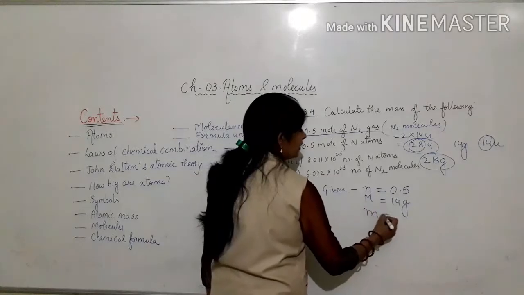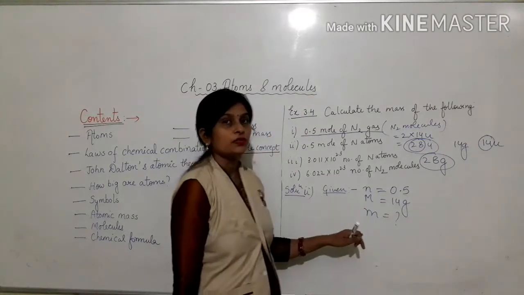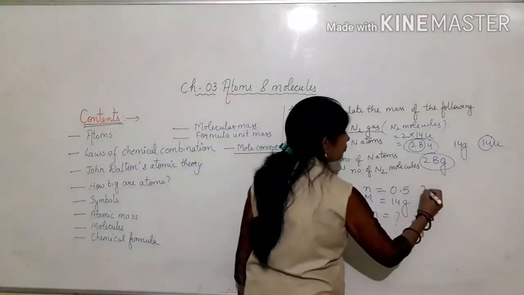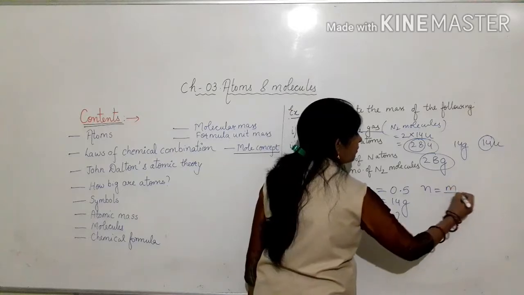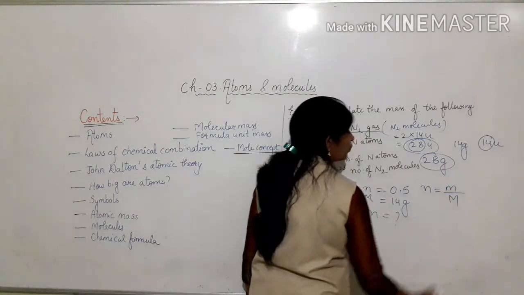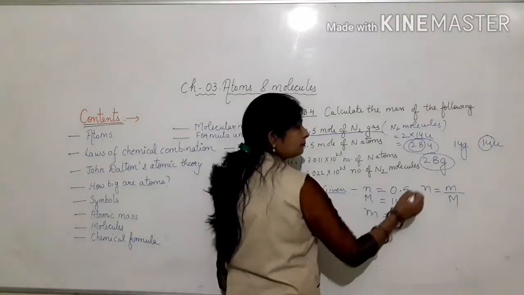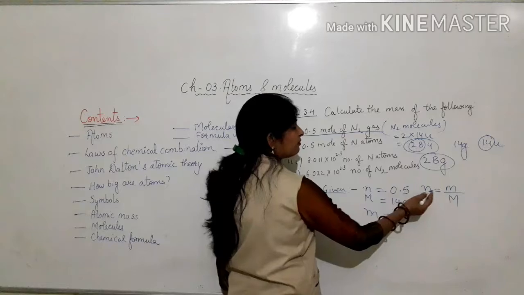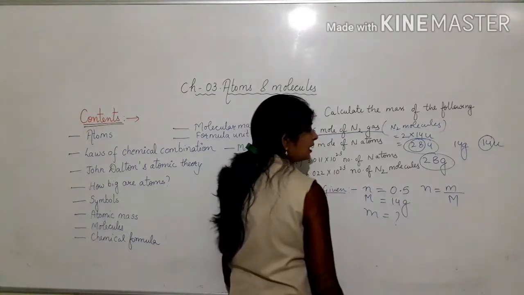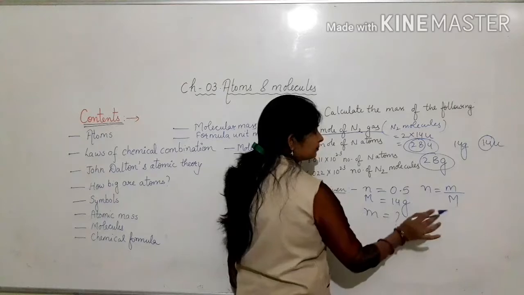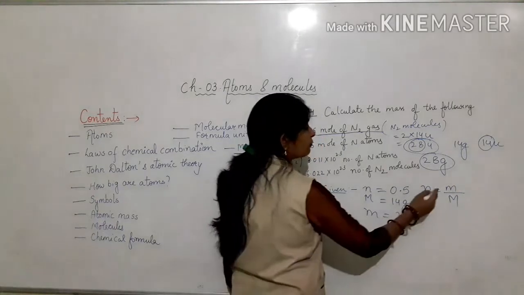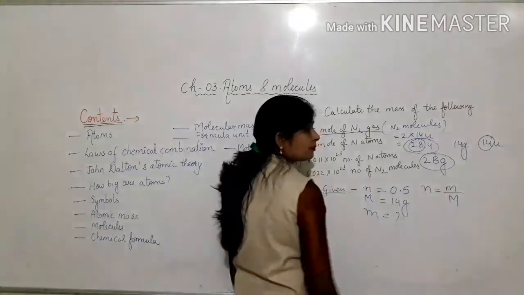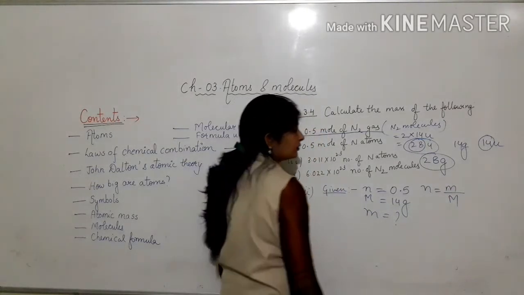Now we have to calculate the mass, small m, of 0.5 mole of nitrogen atoms. We will apply the formula: number of moles is equal to mass upon molar mass. This mass is the given mass, but here it is not given, we have to calculate it.